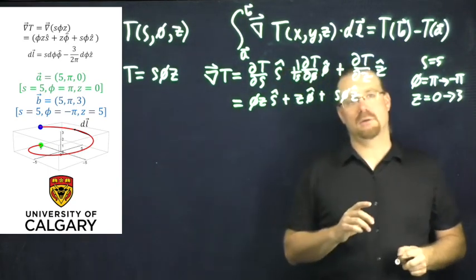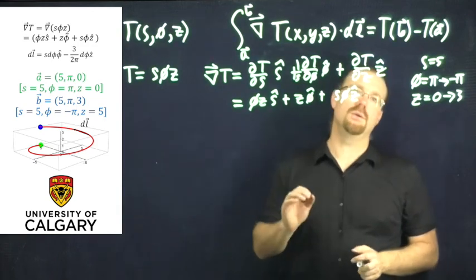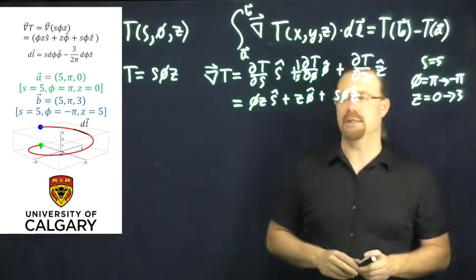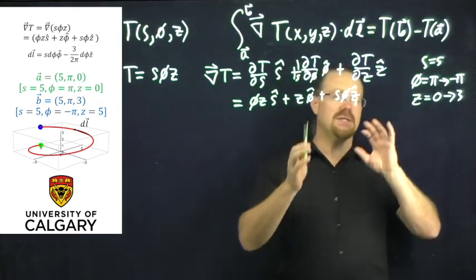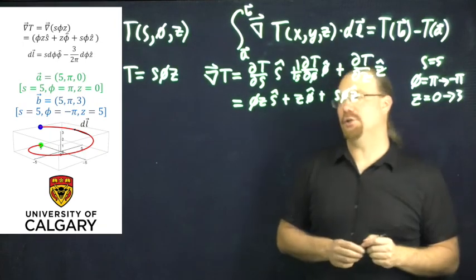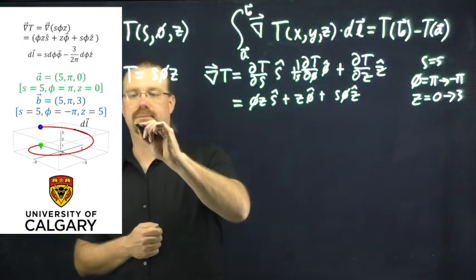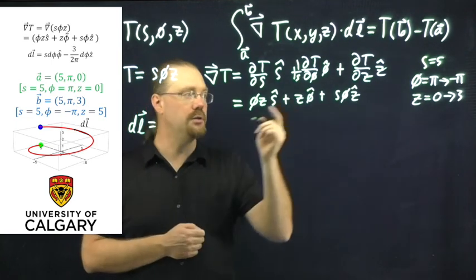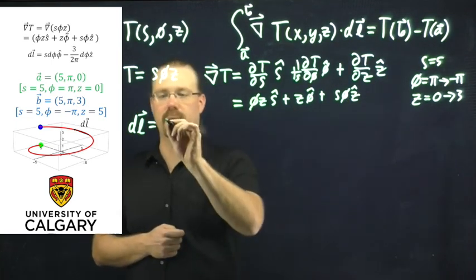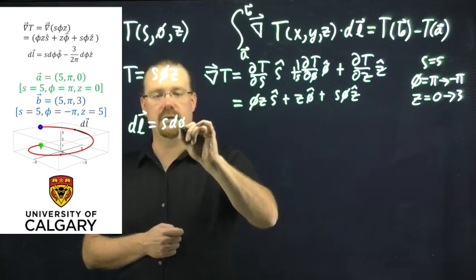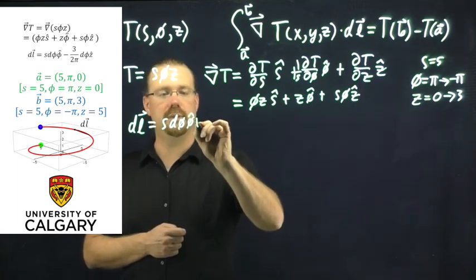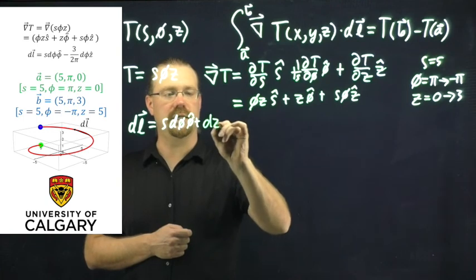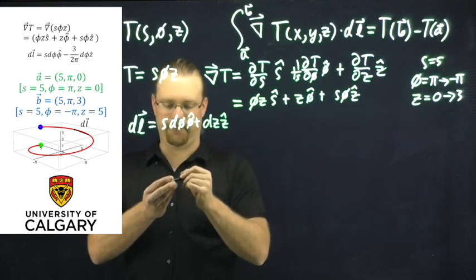In general, our dl would have an s component, a phi component, and a z component. But in this particular case, because our s isn't changing, our dl is just going to wind up being the phi changing, so s d phi phi hat plus dz z hat.